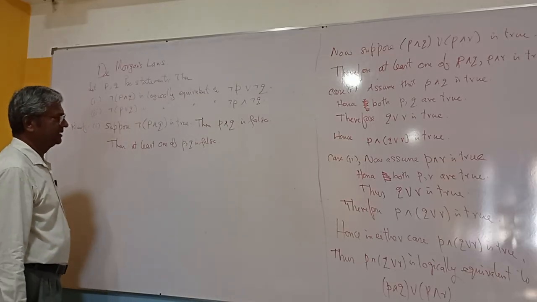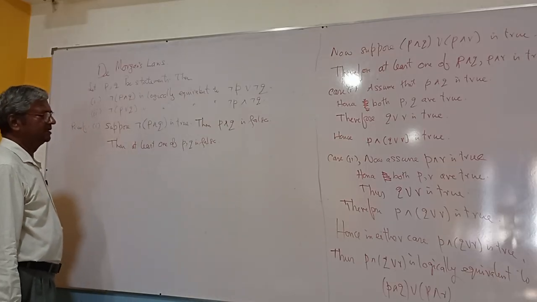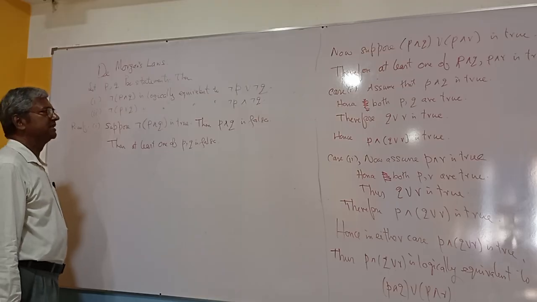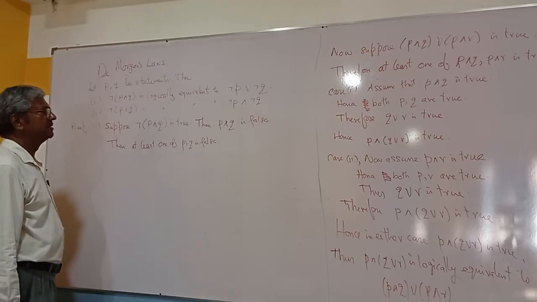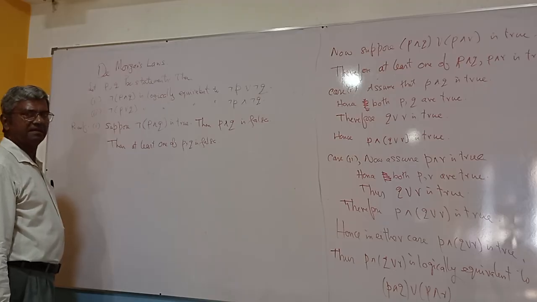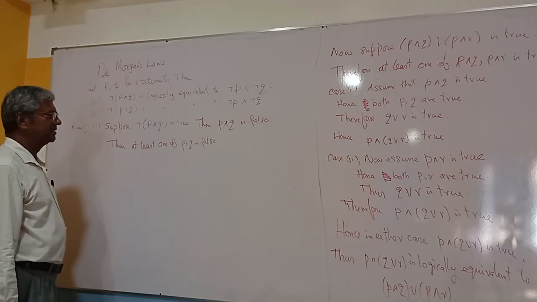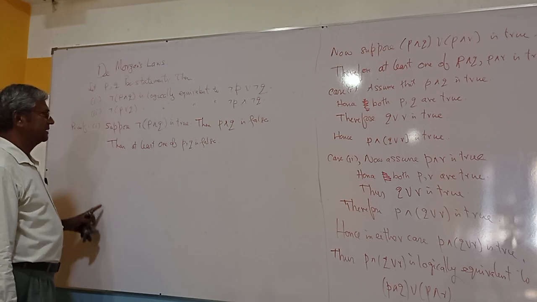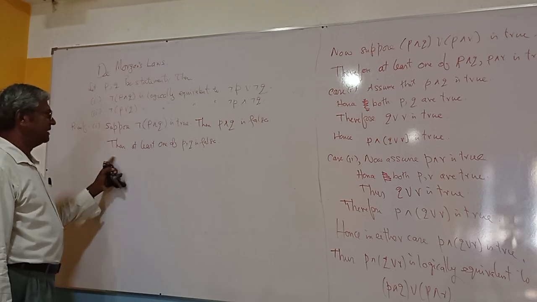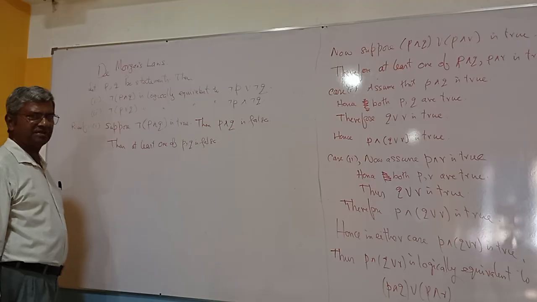Can we go straight to not P or not Q? Separate between two cases. Then at least one of P, Q is false.